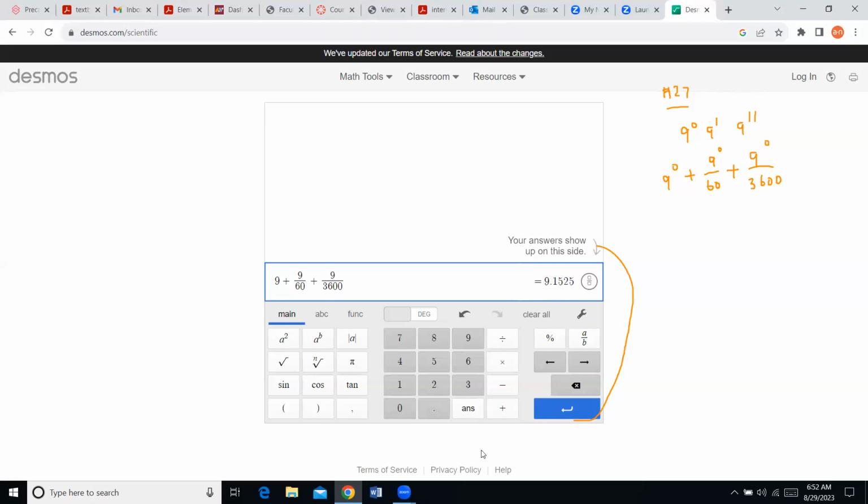And that's all in terms of degrees, so I don't need to worry about placing any symbols, just write down this number. So it's 9.1525. So if somebody decided to round, that's also fine. So this is our answer for the quiz that we had last time.